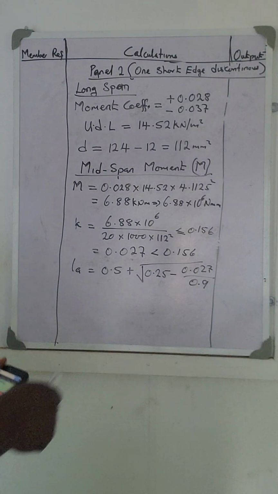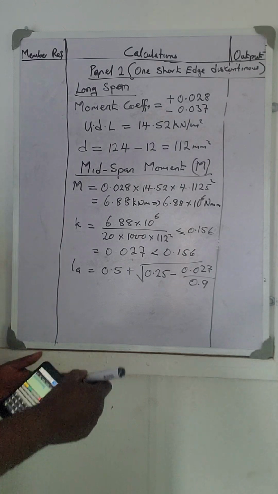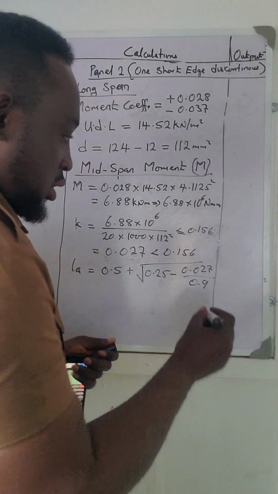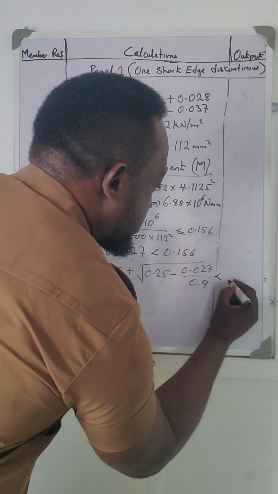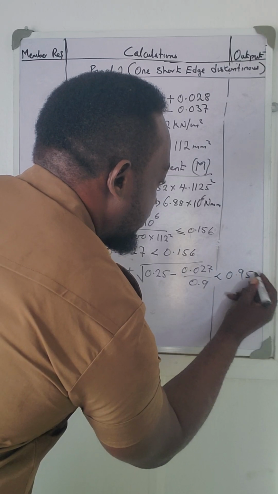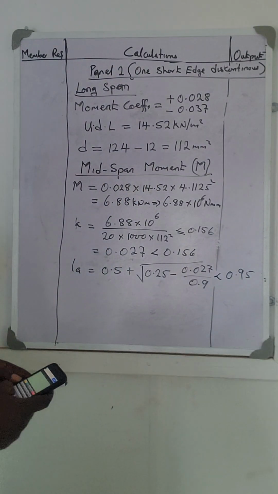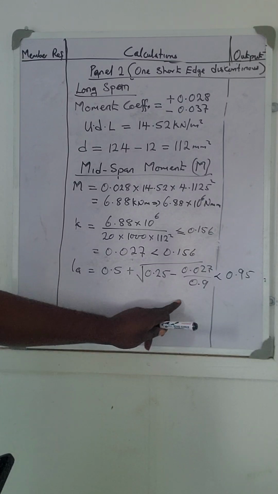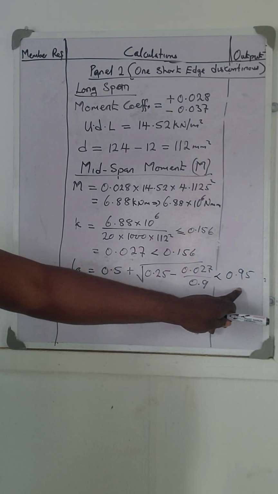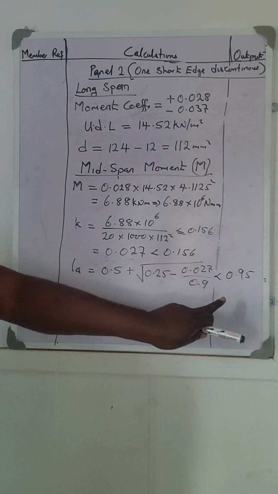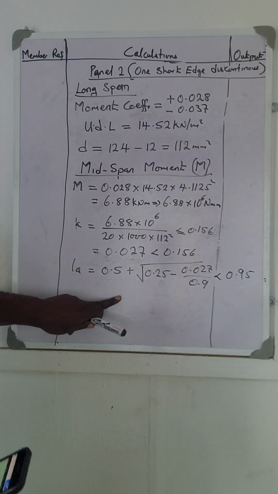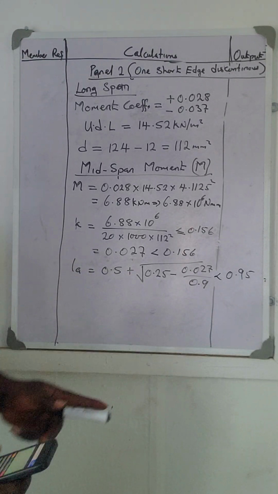If you compute this, it must be less than what? Correct, this must be less than 0.95. If you compute and that is greater than 0.95, you use 0.95. But if 0.95 is greater than this, you use the lesser value.